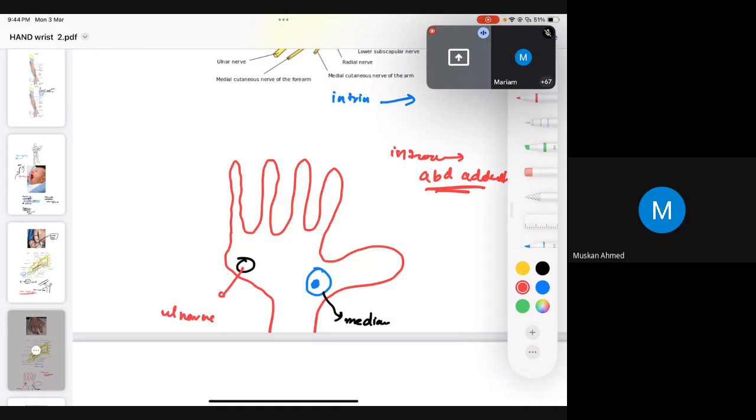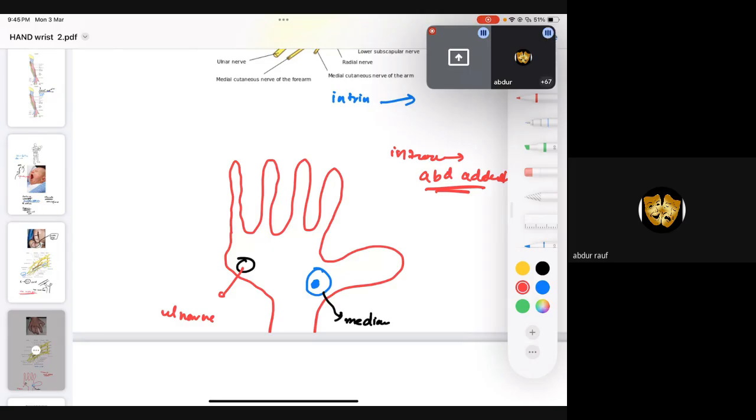The palmar interosseous muscle, what would the palmar one do? Abduction or adduction? Adduction, yes.